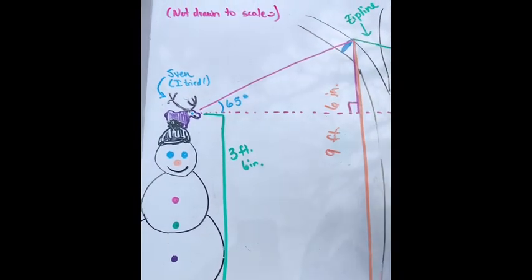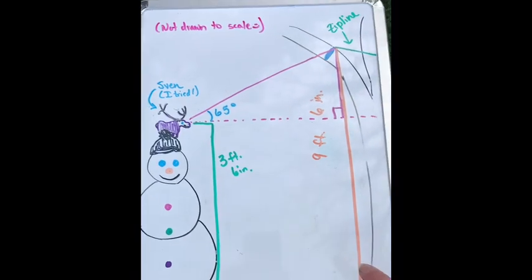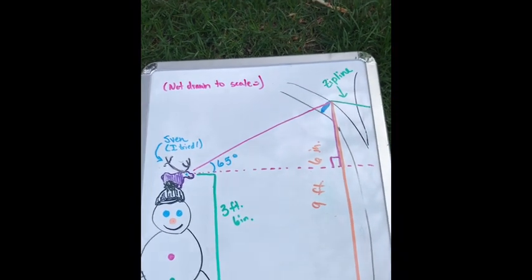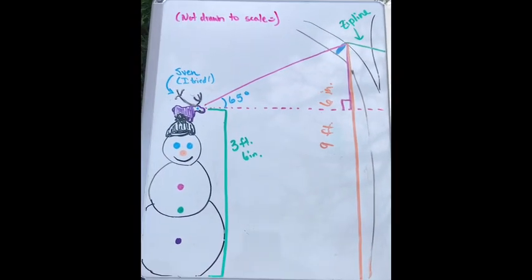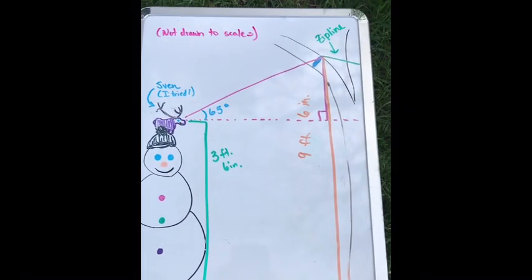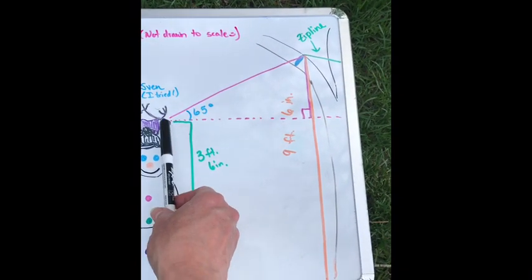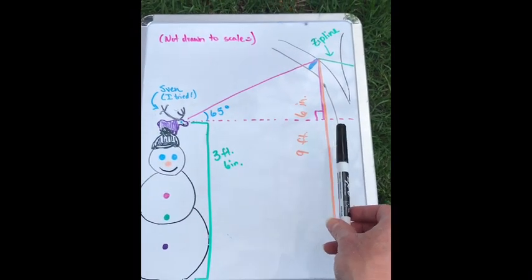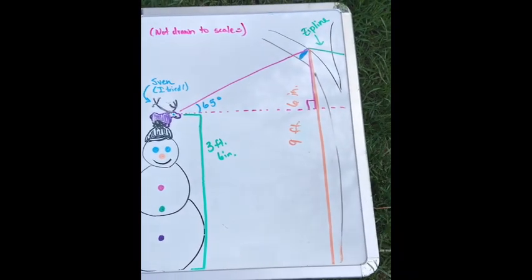The snowman's height is 3 feet 6 inches, and the height from the base of the tree to the start of the zip line is 9 feet 6 inches. The angle of elevation, or the angle from Sven's line of vision looking up at the zip line, is 65 degrees.